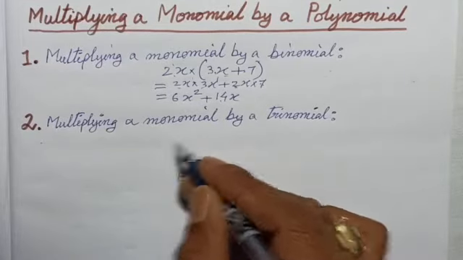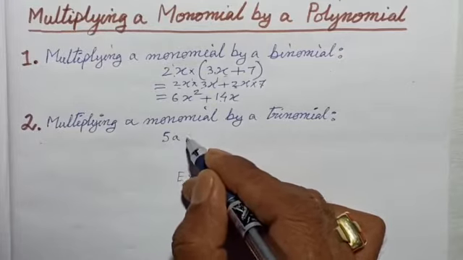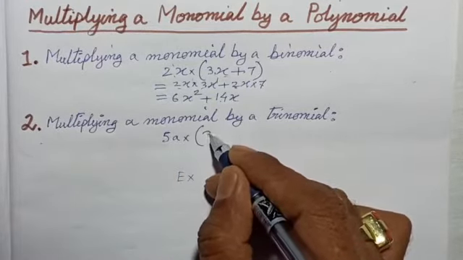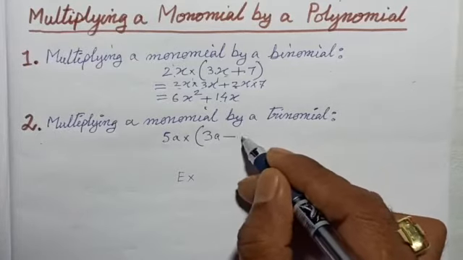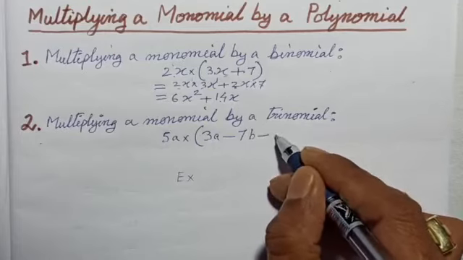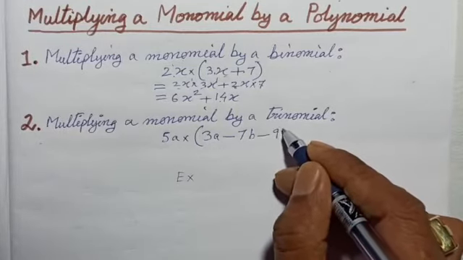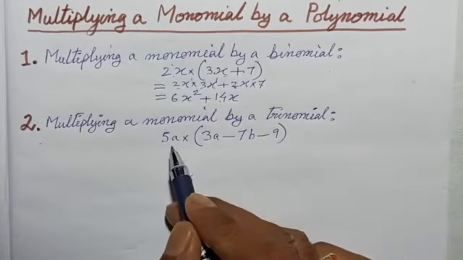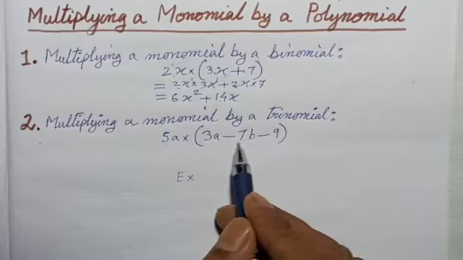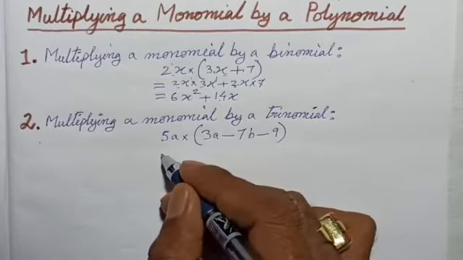So, suppose 5a into 3a minus 7b minus 9. So 5a is monomial and 3a minus 7b minus 9 has three terms, so this is trinomial. And let us see how we can multiply this.